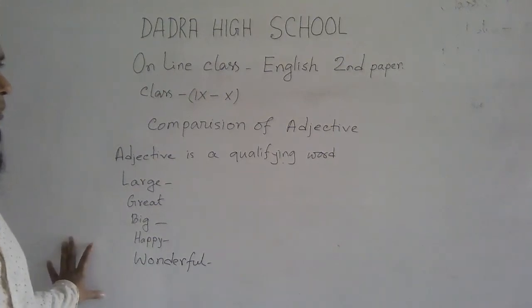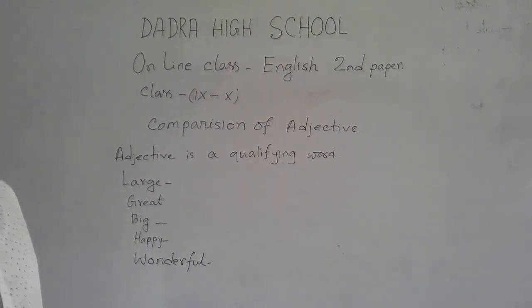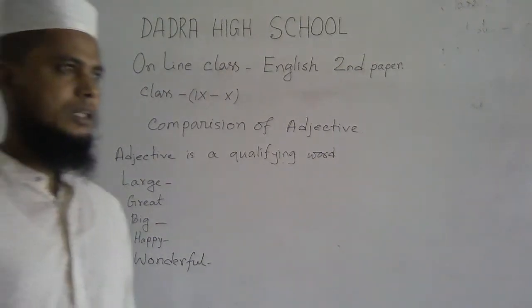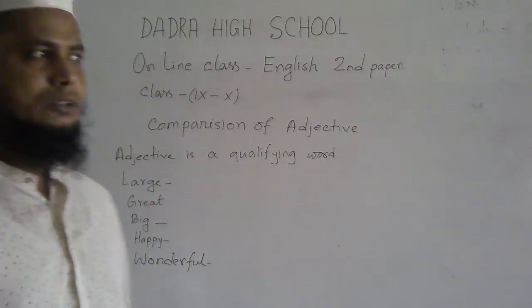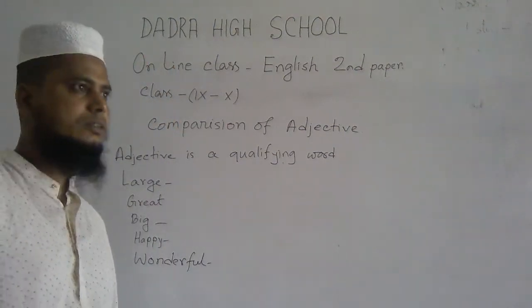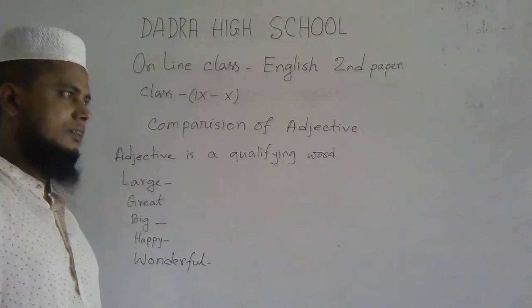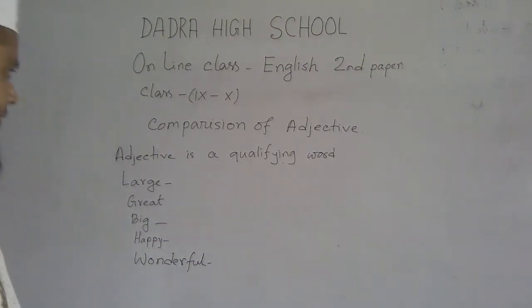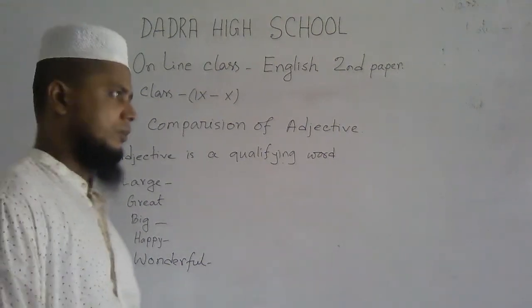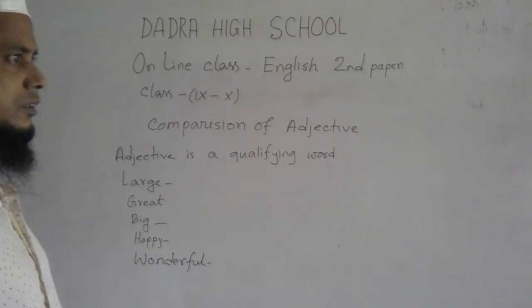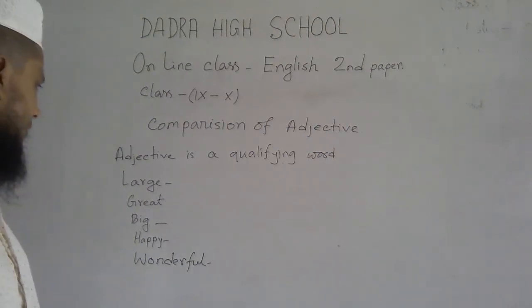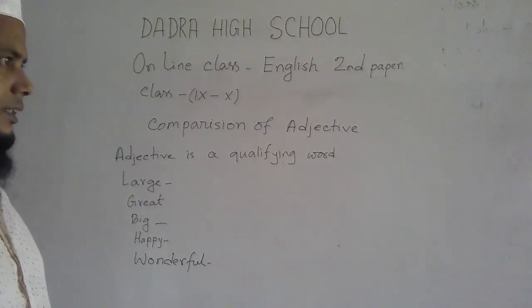Positive form, when there is no comparison. Comparative form, when there is a comparison between two things, two persons or two places. And superlative form, when the comparison is made among all persons, all things, all places.